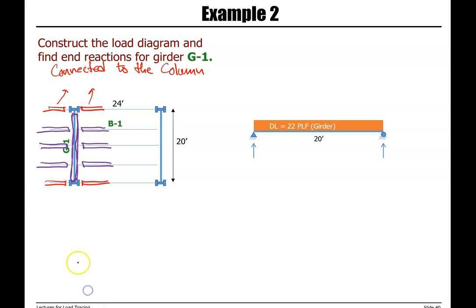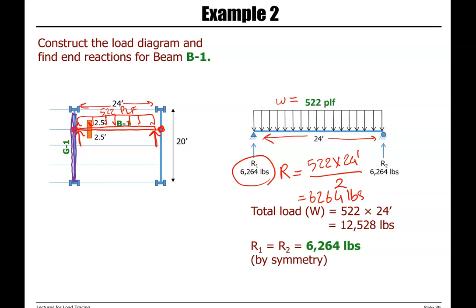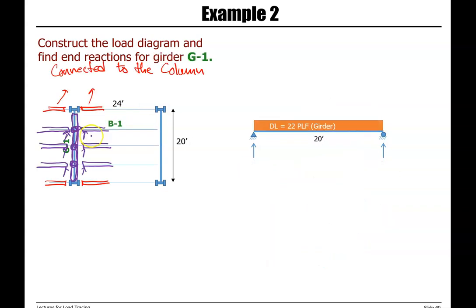What we need to include is the reaction from these beams. So at these 3 points, we have 3 point loads, each one 6,264. So this is how much load is transferred from a beam connected to the girder.